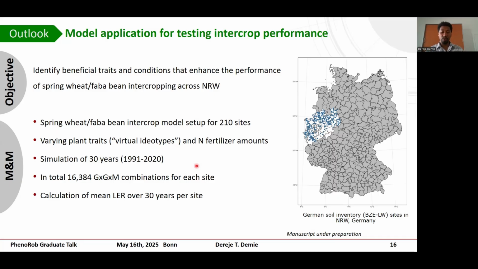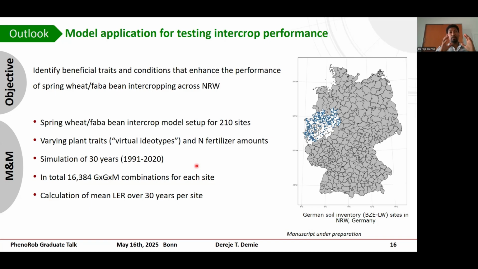And we tested different plant traits, which are virtual genotypes, and different nitrogen inputs. Those traits are root traits, plant height, and light extinction coefficient. So we have 3 traits and 1 management, which is nitrogen.